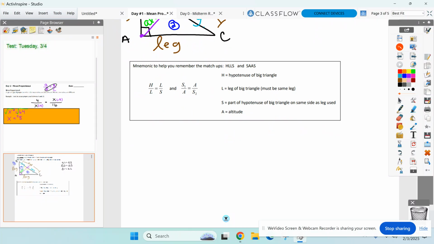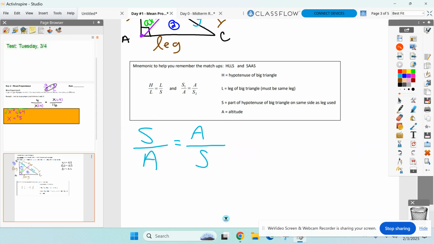Again, this is going to show you what side matches up with another side in one of the triangles. My first method is called SAS. The letters form a proportion. Let's go over what each letter means now.